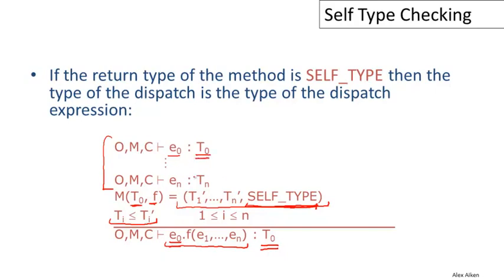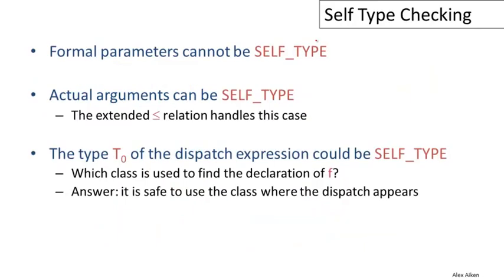So we simply use the type of E0 as the type of the entire dynamic dispatch. Now recall, the formal parameters of a function cannot have type self-type, but the actual arguments can have type self-type, and the extended subtyping relationship will handle that case just fine.